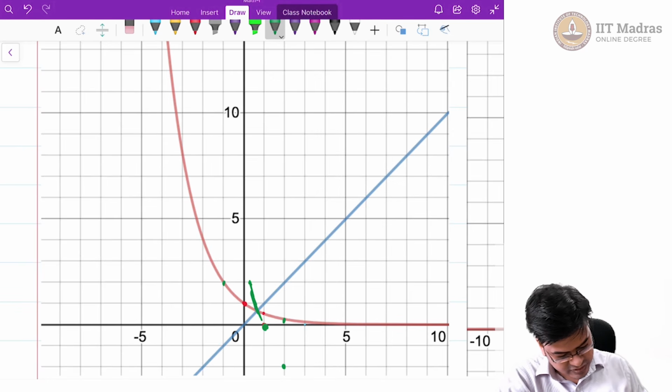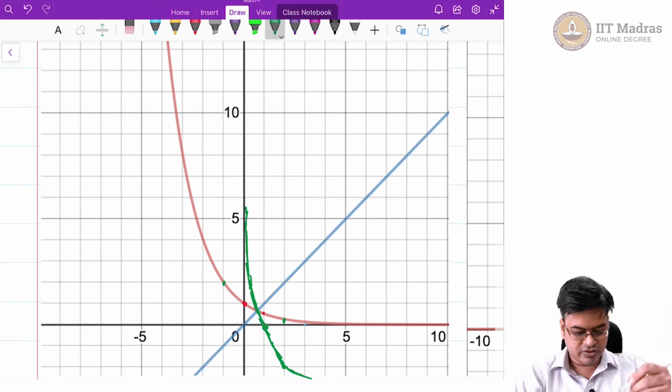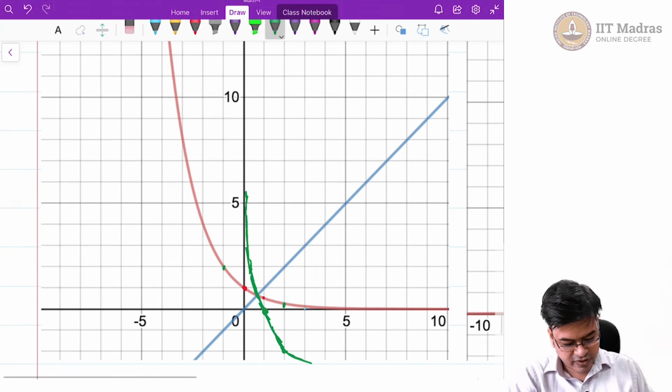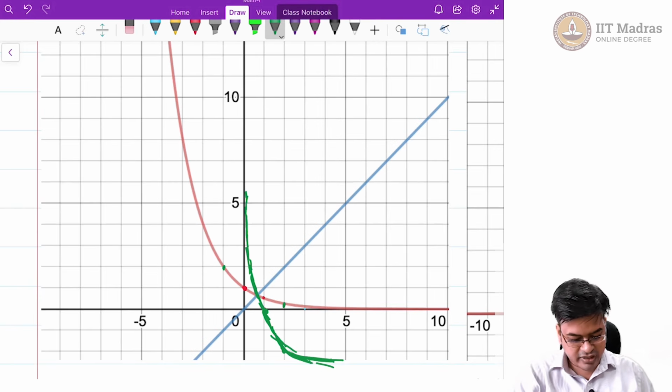It will pass through the same point and through this, and then along the y-axis it will be very flat, very close to the y-axis. This is how the graph will look, because it's a mirror image. It is not an asymptote, but because the graph paper is over, I am not able to draw further.